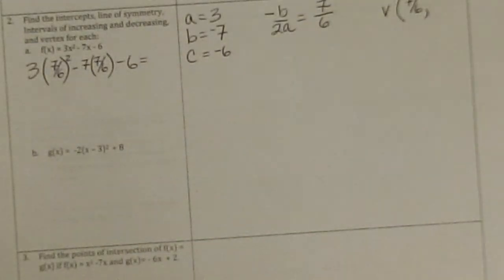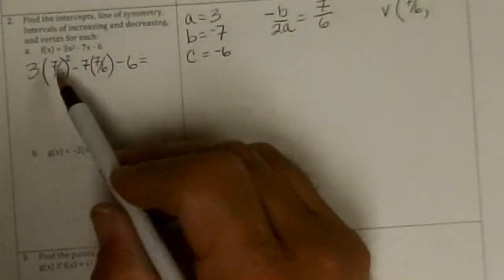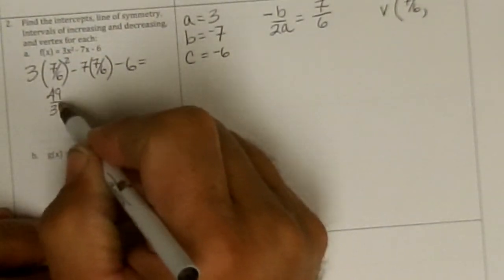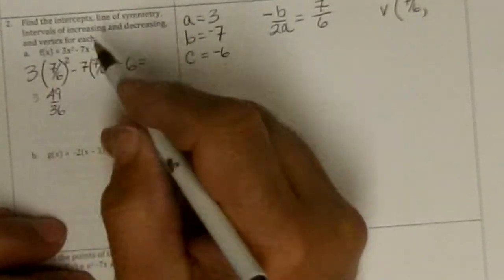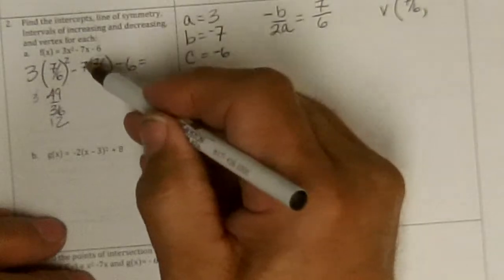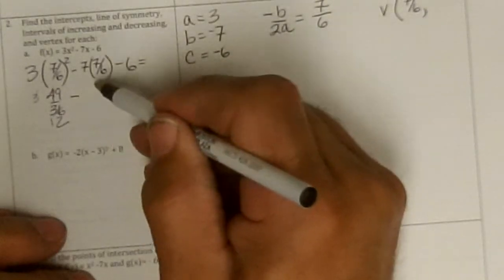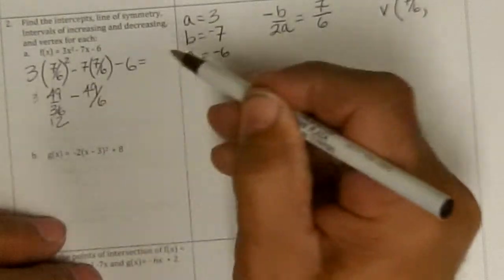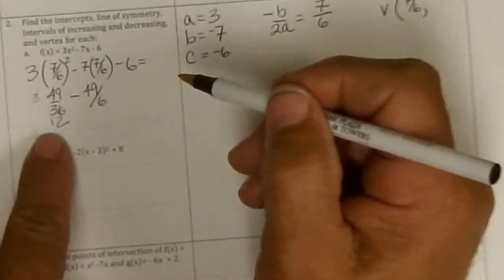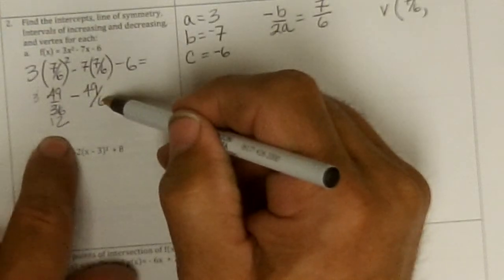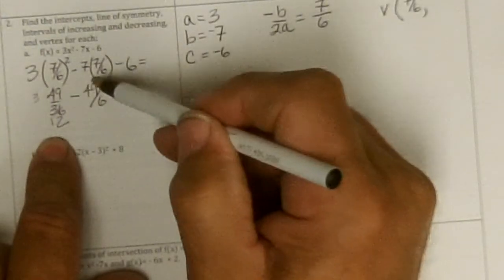That would turn out to be 49/36 times 3 makes it 49/12, minus 49/6. And 49/12 is half of 49/6, so this would be twice as much.